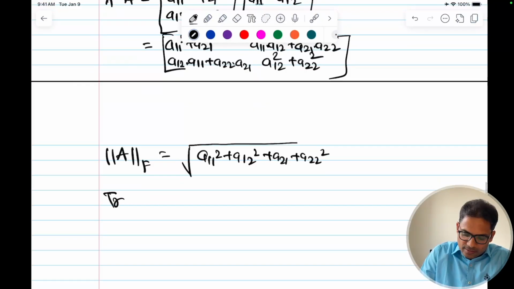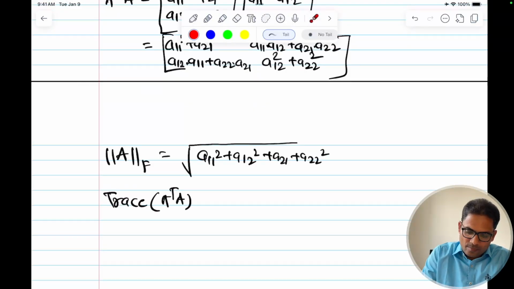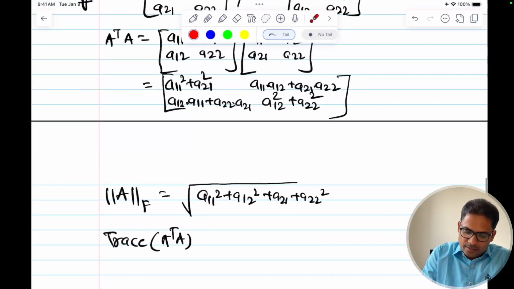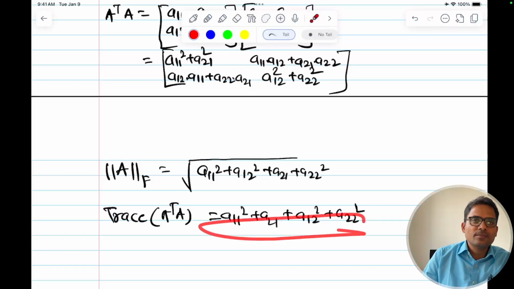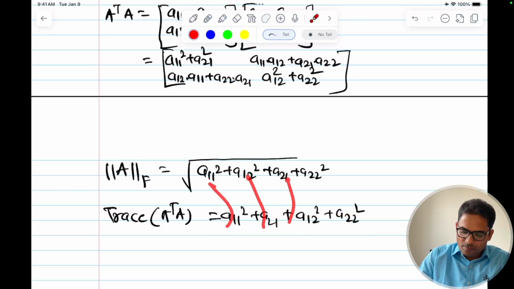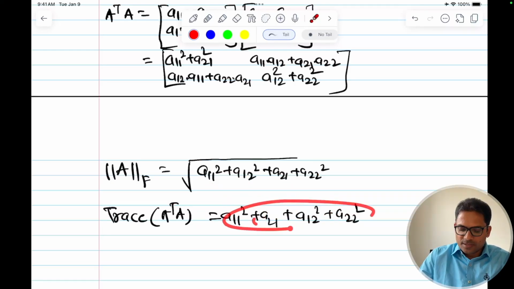And what is the trace of A transpose A? It is the sum of the diagonals, so this is equal to A11 square plus A21 square plus A12 square plus A22 square. This is the sum of all the elements squared, just reordered. It's a bit jumbled up.